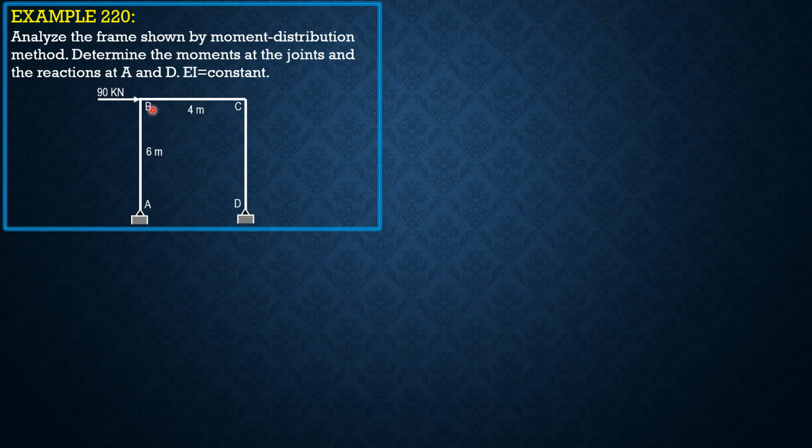The relative stiffness of BA, since A is a pin, is to be modified to 3/4 of 1/6. So that's the sideway case. 3/4 of 1/6 is to be determined later. So the distribution factor here is -1.